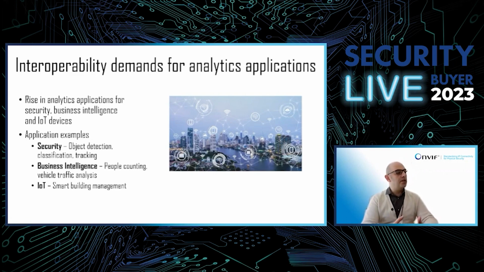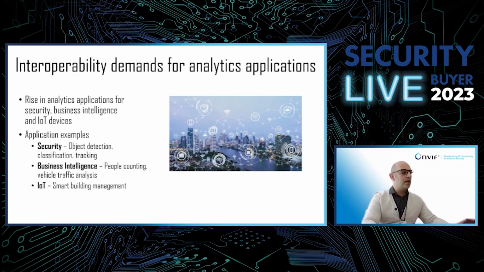Those analytics applications cover different areas such as security, and use cases for that could be object detection, classification, tracking of the object, but also some business intelligence applications, for instance, people counting, vehicle and traffic analysis. Also, IoT is coming more and more into this domain with smart building management.